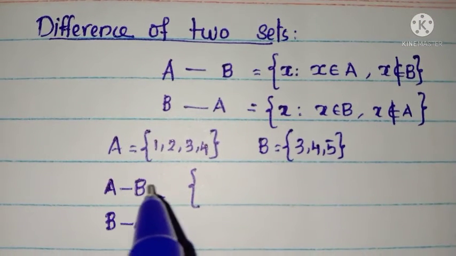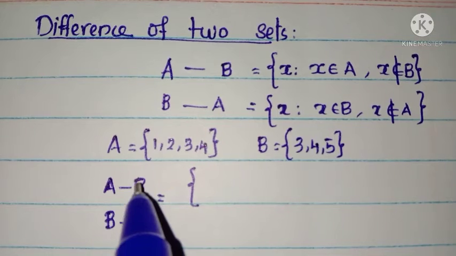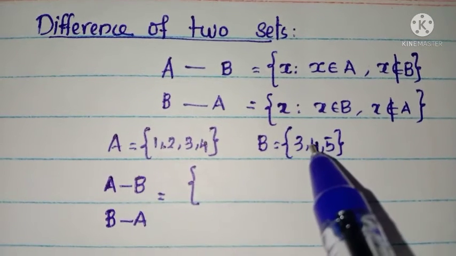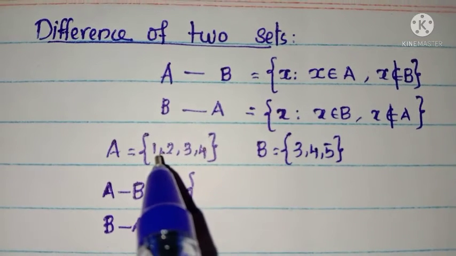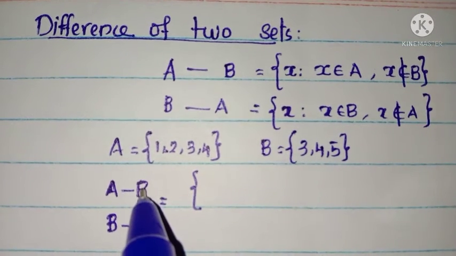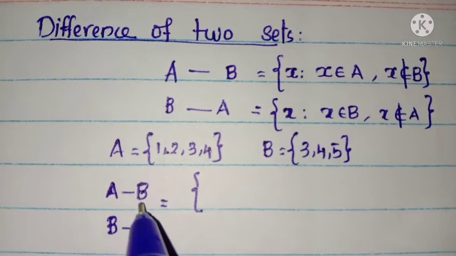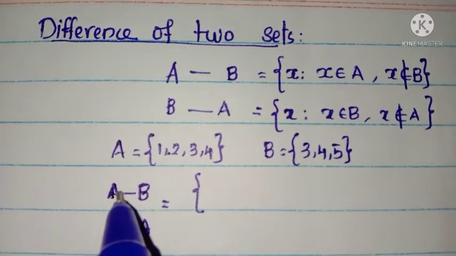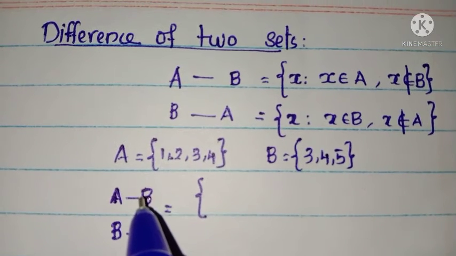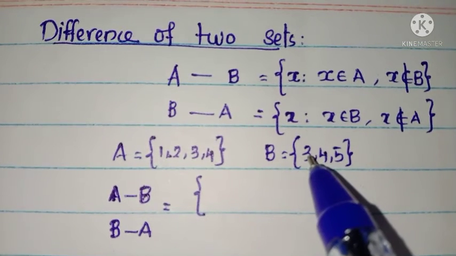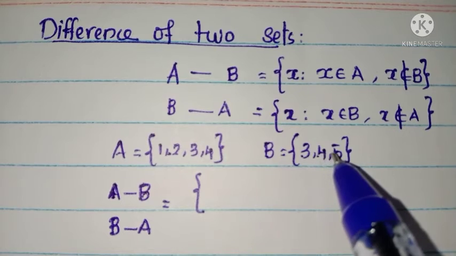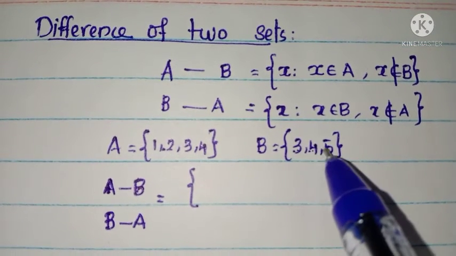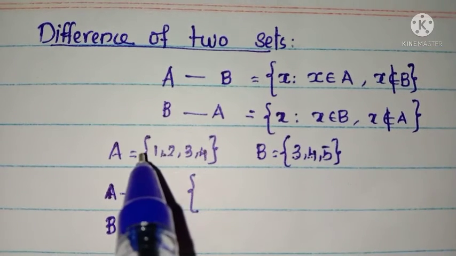A minus B means we are listing out all the elements which belong to A but don't belong to B. We can eliminate or remove all the elements of B from the set A, that is A minus B. So in the set B, we can see the elements 3, 4, 5. So we can remove or eliminate these elements from the set A.